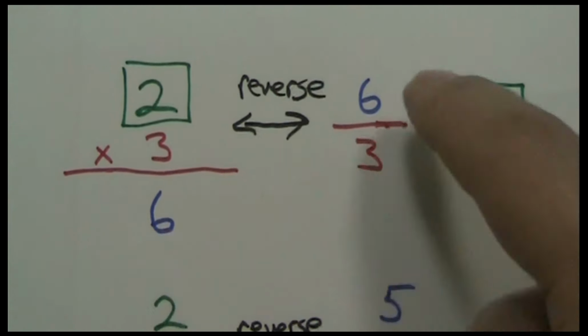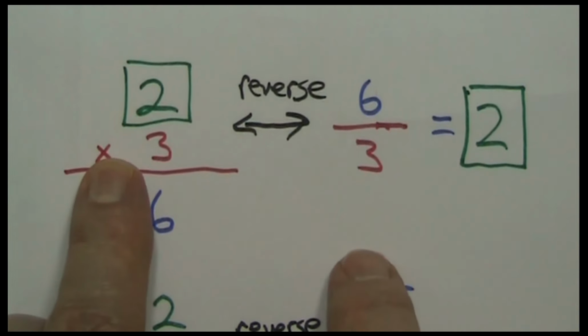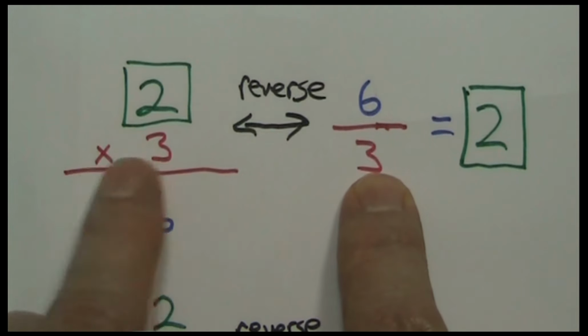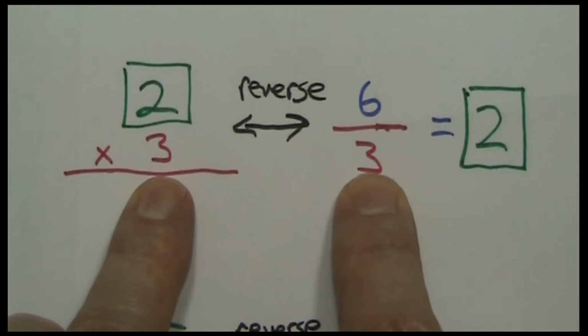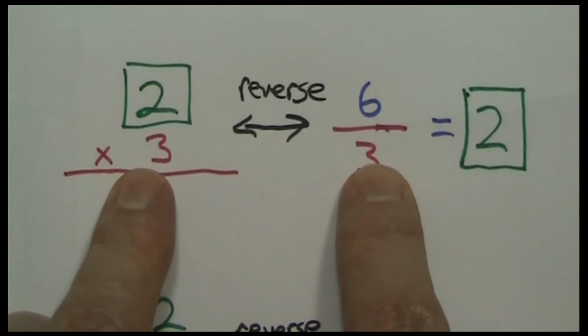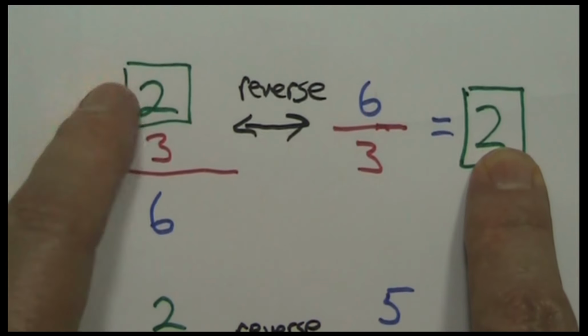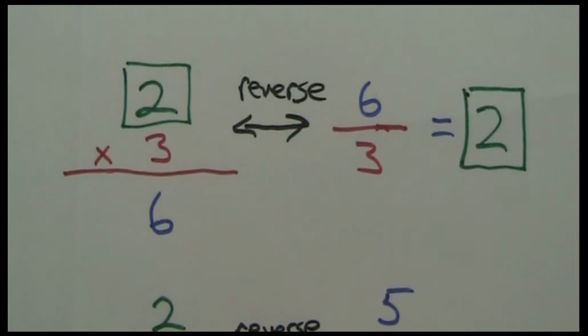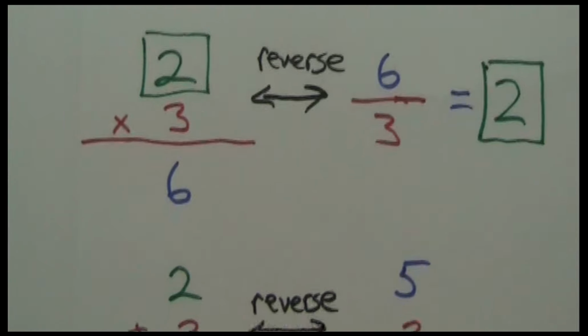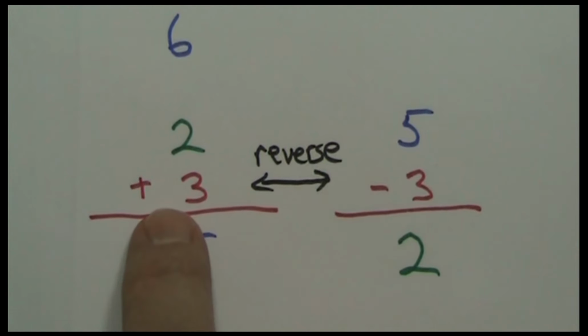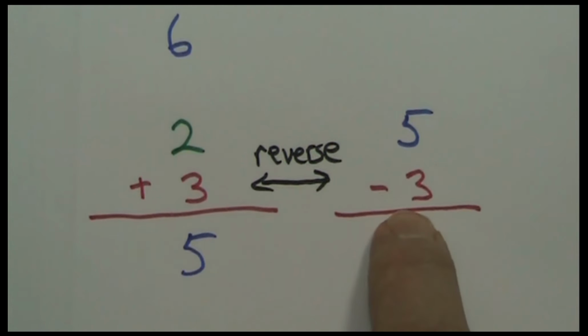You start with 6, you divide it by 3. See, instead of times 3, I divide by 3. I do the reverse. The answer I get is what I started with. Over here, plus 3. The reverse of plus 3 is subtract 3.